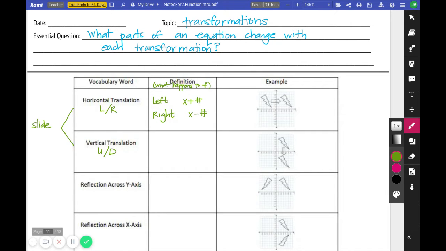So something we need to remember is that in terms of an equation, x lies. It works backwards from what we think. Okay? So if you want to move something left, use a plus. And if you want to move it right, use a minus. Now, in terms of up and down, we're going to talk about adding and subtracting the way we normally would.